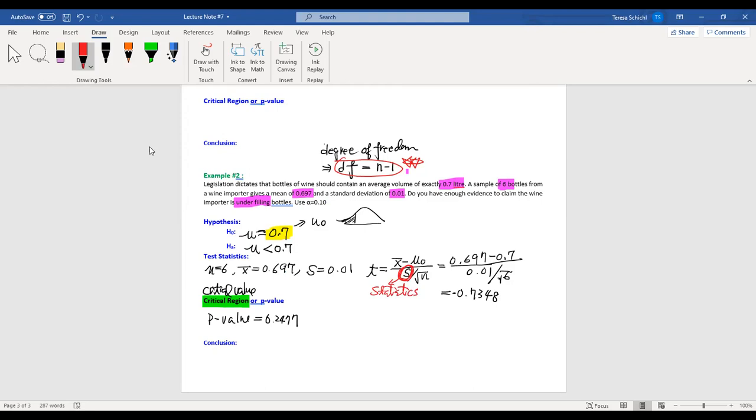Okay, so now let's take a look. How do I use the t-table? Let me go to the t-table and show you how.